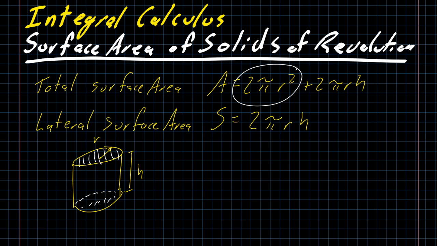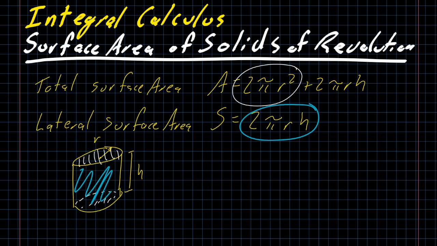The areas of both of those circles are pi r squared. There are two of them, hence 2 pi r squared. And then the remaining is the side. Right, so the area of the side of the cylinder is 2 pi r h. That's what we refer to when we're talking about the lateral surface area. And it is lateral surface area that we're going to be calculating here.